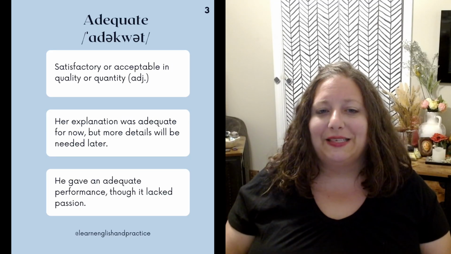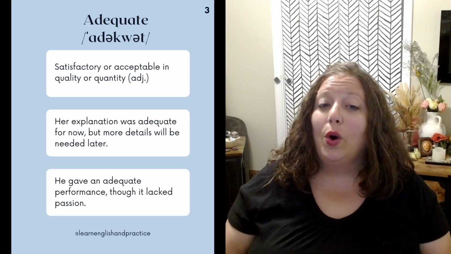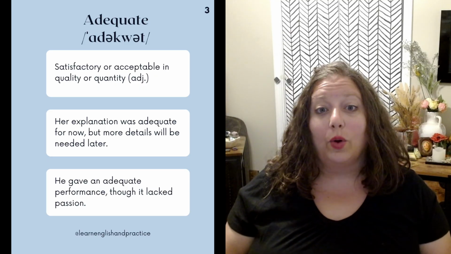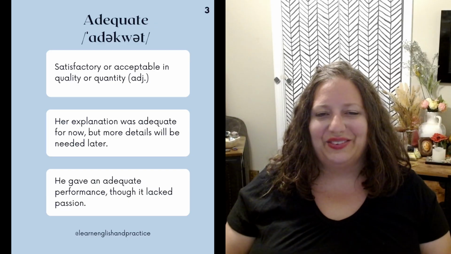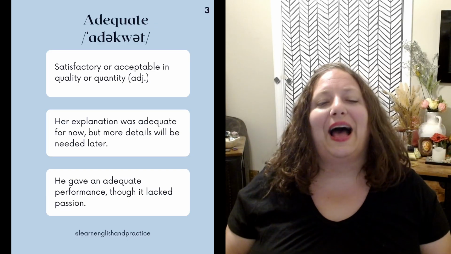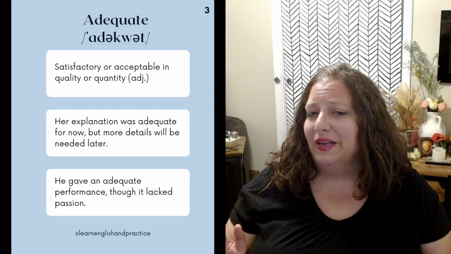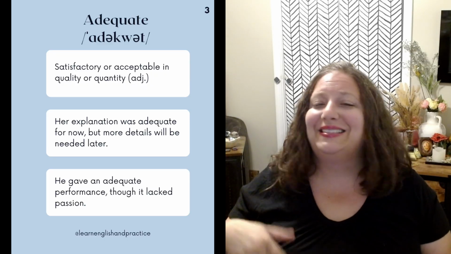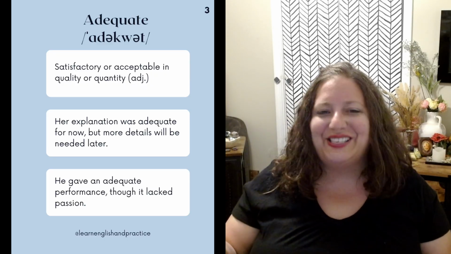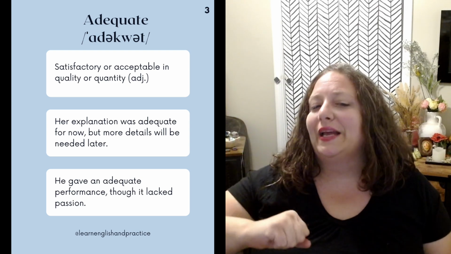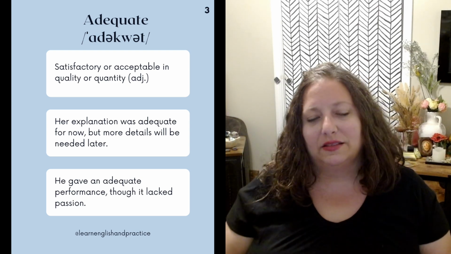Adequate. This means satisfactory or acceptable in quality or quantity, as an adjective. So something that's adequate is good enough. It's not amazing. It's not exceeding any sort of expectations. It's just meeting whatever the need is.